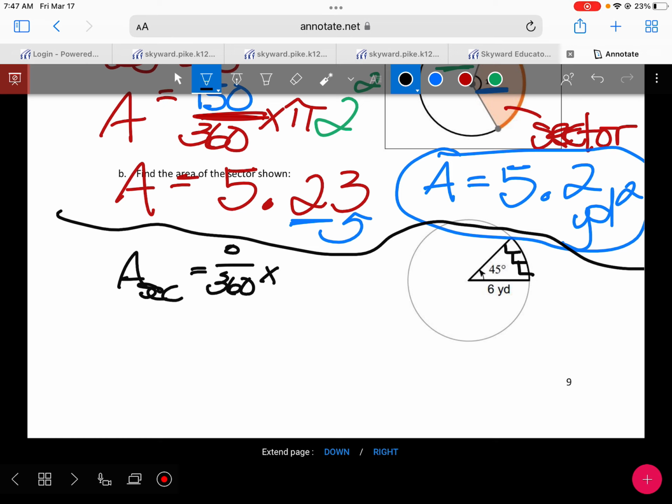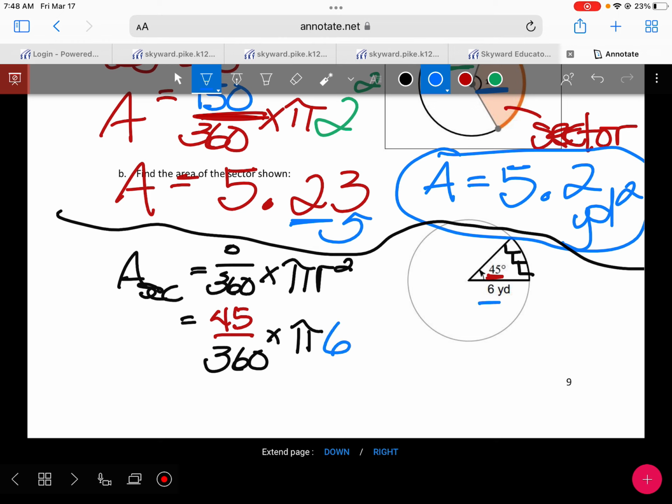And since we're finding area, it's multiplied by the area of the whole pizza. So 45 degrees is 45 all over 360 times pi times radius. What's my radius here? 6, yes. So times 6 squared.